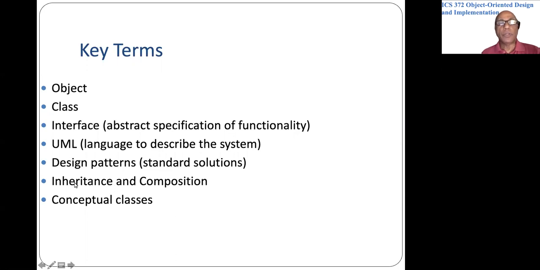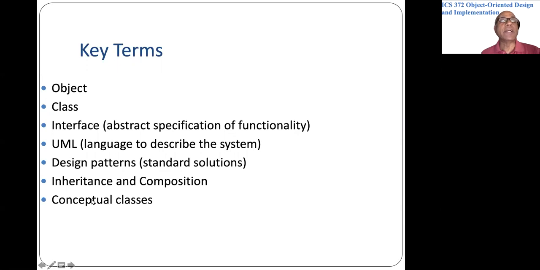Then we know about inheritance and composition. Although not all of you might be very comfortable with composition, we will look at this in some detail, but you have to review the material from 240 or 141 and also from the textbook. We'll be using the term conceptual classes when we deal with analysis.